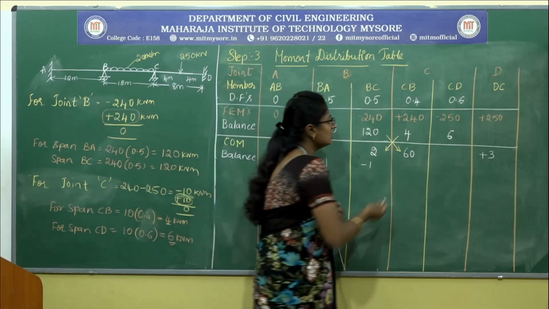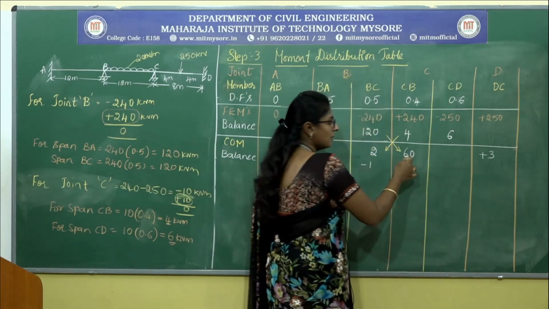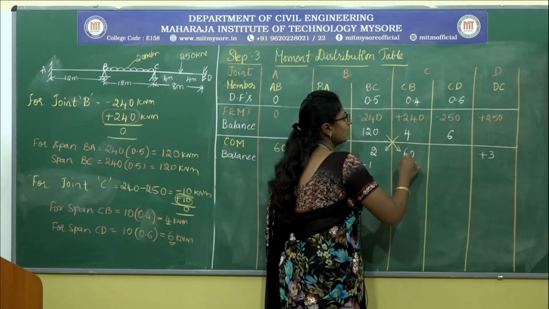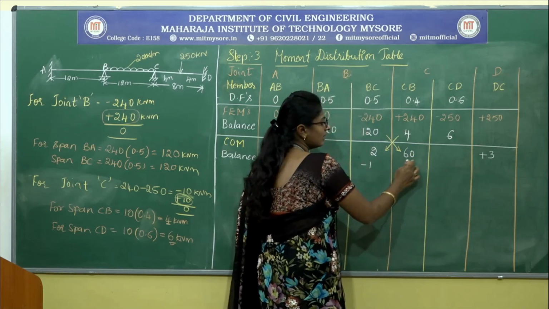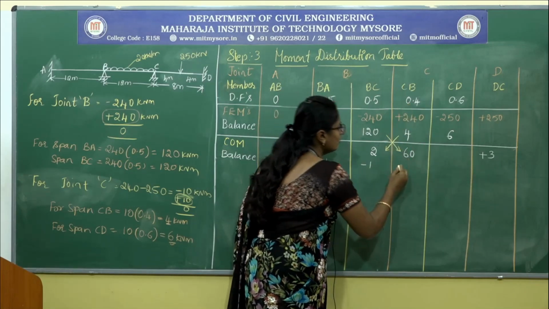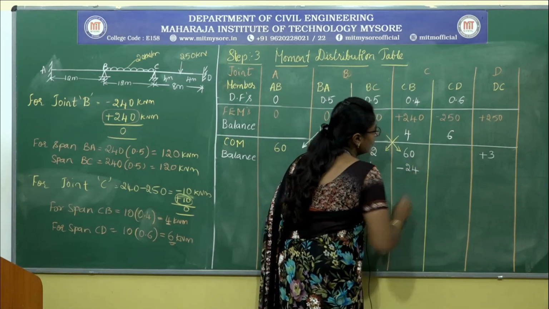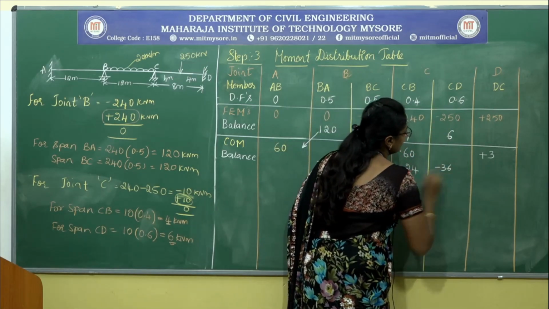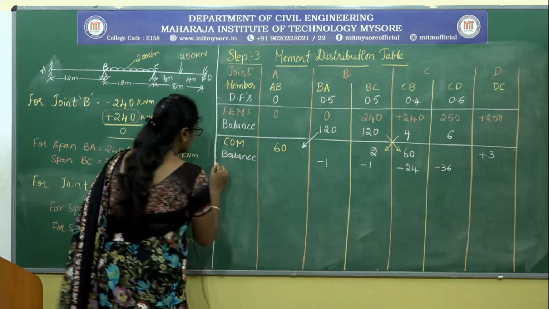Then for CB and CD, the unbalanced moment is 60. We have to make it balanced by considering -60. So -60 into 0.4 will give you -24, and -60 into 0.6 will give you -36.